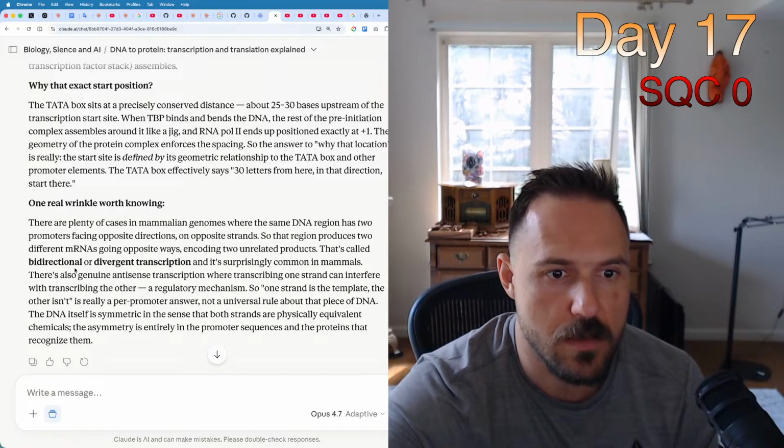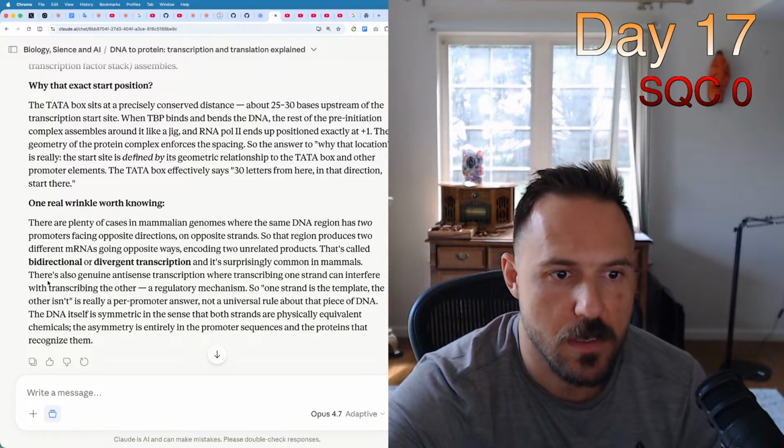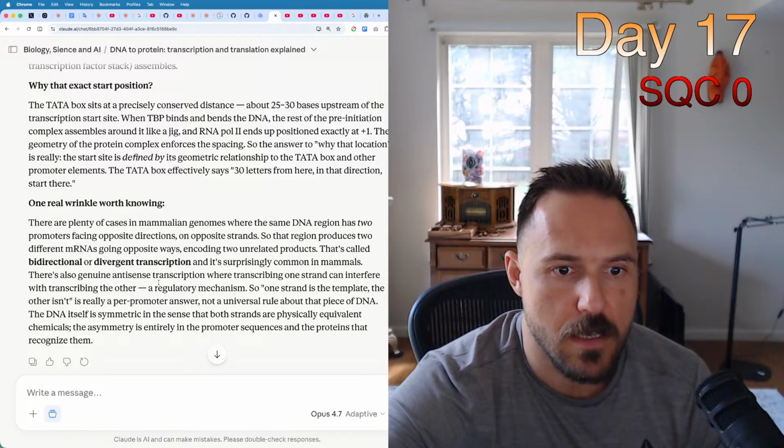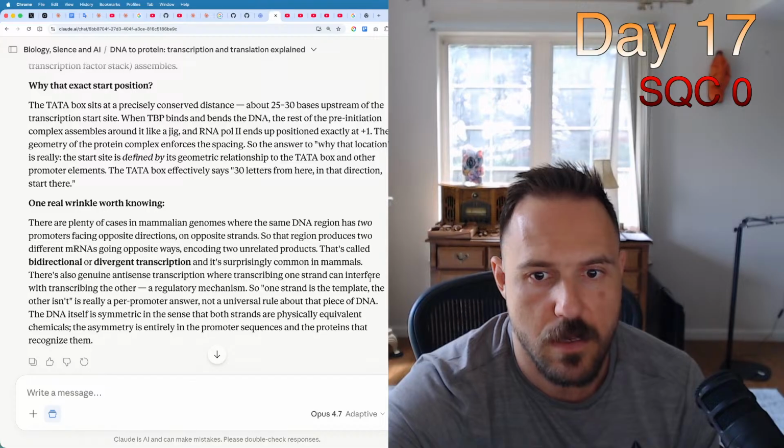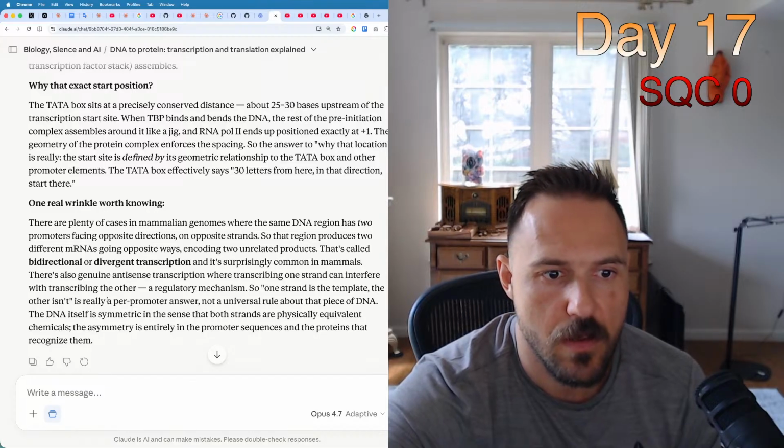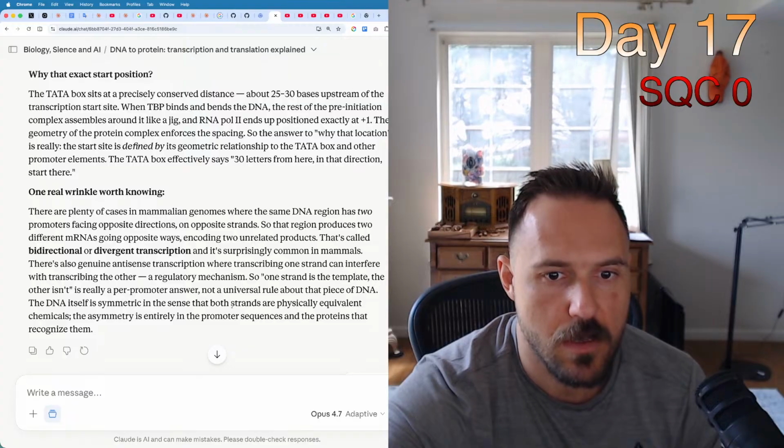That's called bidirectional or divergent transcription, and it's surprisingly common in mammals. There's also genuine antisense transcription, where transcribing one strand can interfere with transcribing the other. A regulatory mechanism, so one strand is the template, the other isn't.